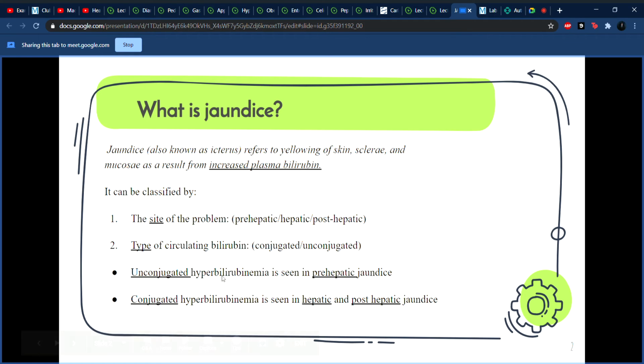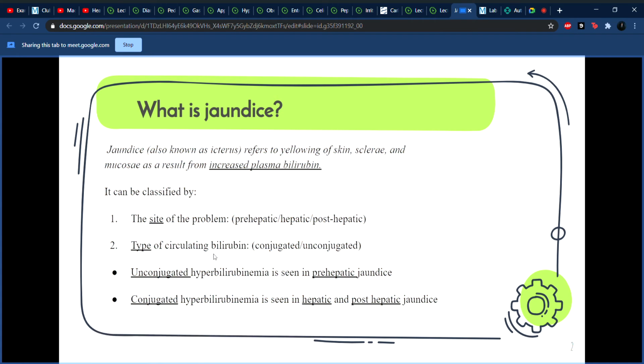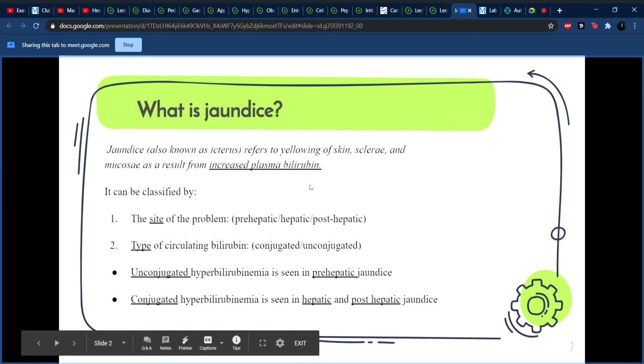For the type of circulating bilirubin, we have two types, conjugated and unconjugated. Unconjugated bilirubin is seen in prehepatic jaundice, while conjugated bilirubin is seen in hepatic and post-hepatic jaundice, as you can see here. Jaundice is also known as icterus.